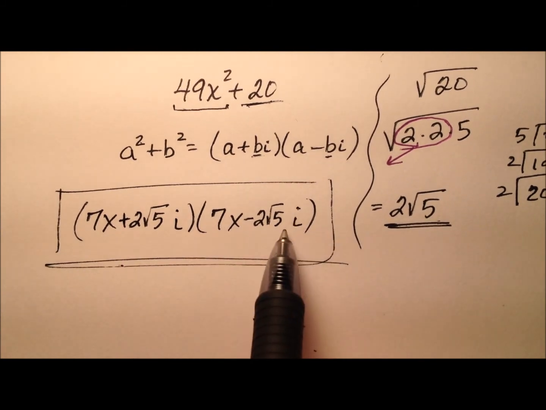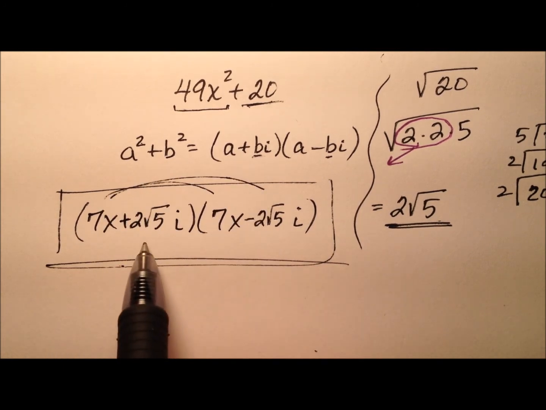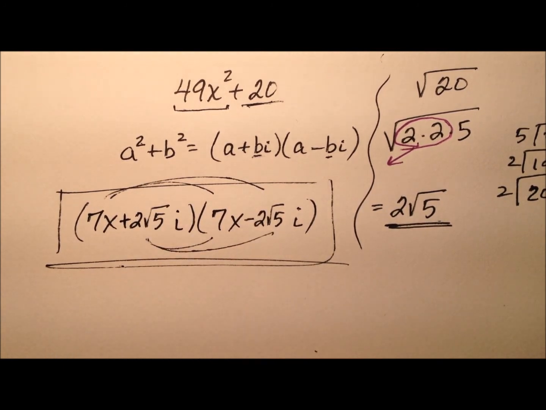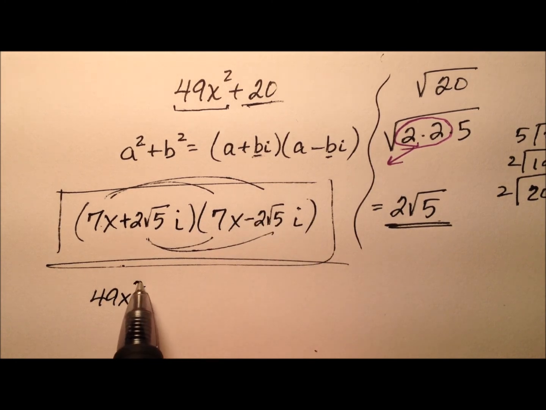Let's go ahead and multiply this back out and show you that it worked out nicely. So the 7x I can distribute, and then the 2 radical 5i I can distribute. So 7x times 7x is 49x squared. 7x times negative 2 radical 5i, okay, lots of terms there.